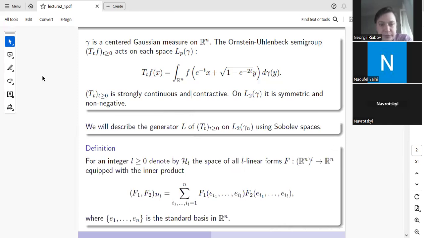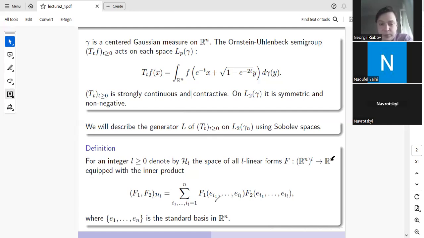First, let me give some notations. H_L is the space of L linear forms on R^n. So this is a mapping of R^n L times into R. Forms are linear in each argument, and the usual inner product is defined as follows.